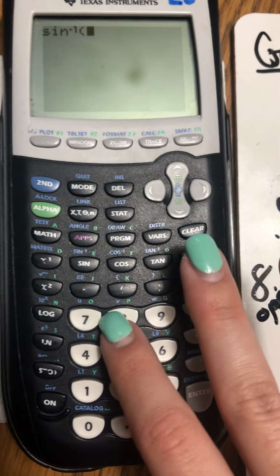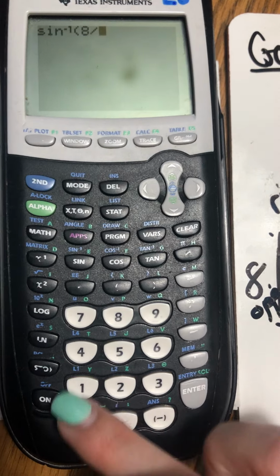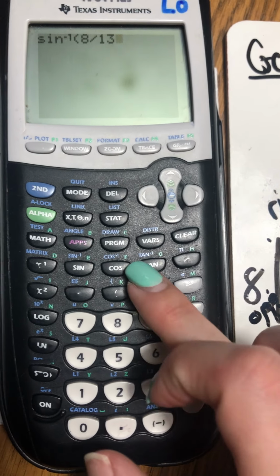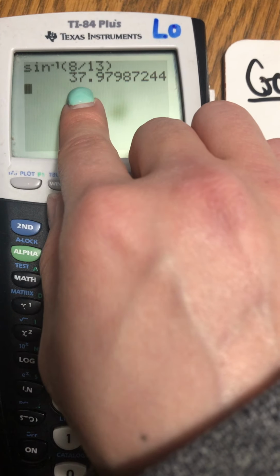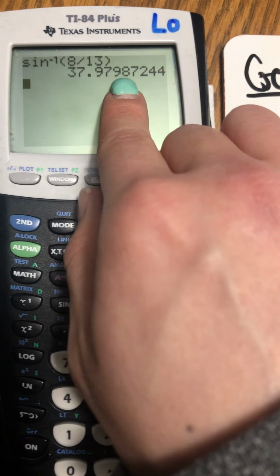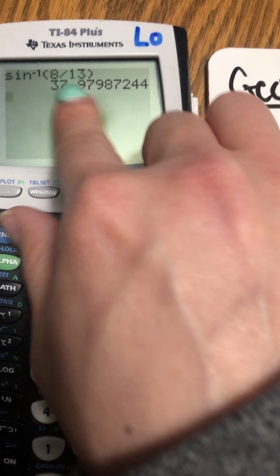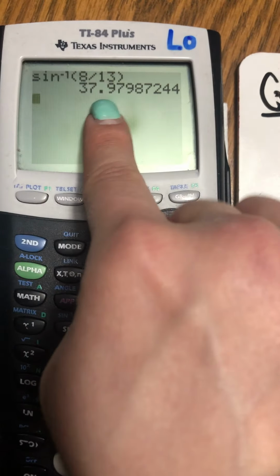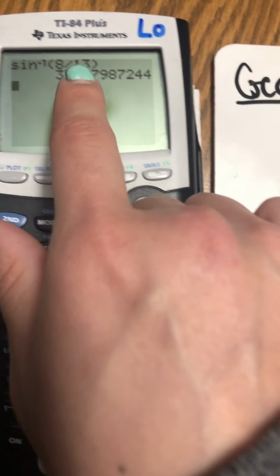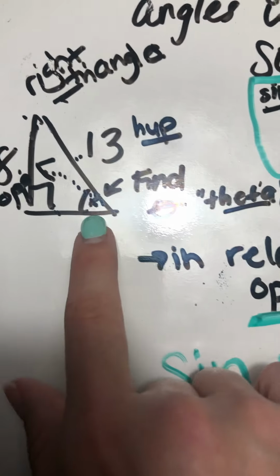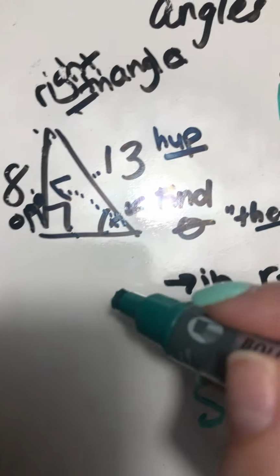Inverse sine of 8 over 13. You get your degree of 37.979. You can round it to the tenths, to whatever you want to do. You can do 38 since this is in 0.97. This would be 38 degrees in that little corner.